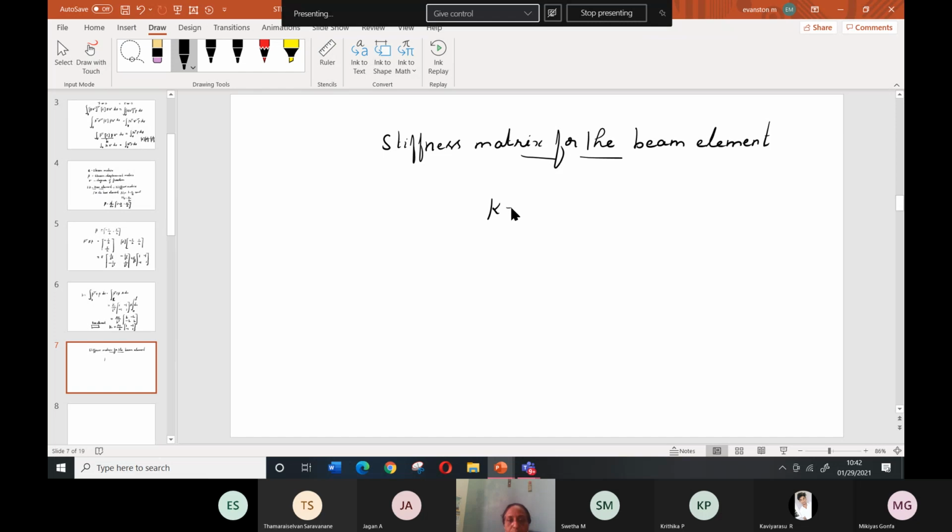What you have learned already in the first unit: 12EI by L cube, 6EI by L square. Is it minus? Minus 12EI by L cube.